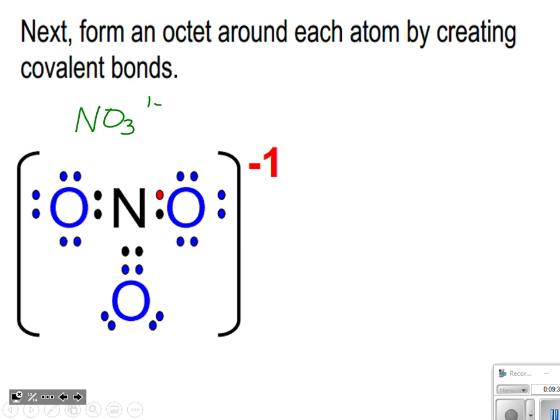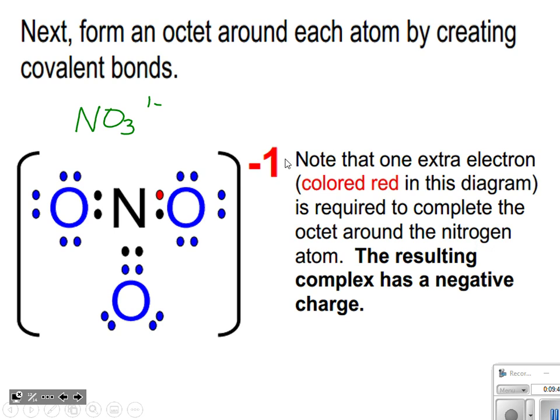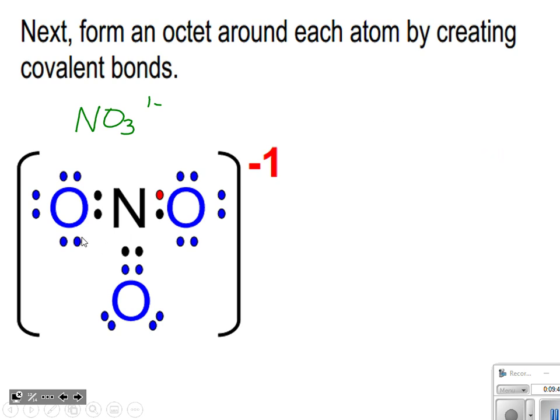Okay? Oxygen's right here. Notice how this nitrogen, both of those dots are black. So that nitrogen right there is allowing this oxygen to use both of the black electrons.